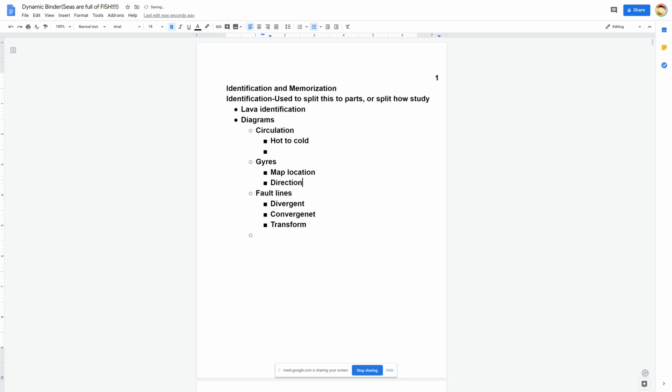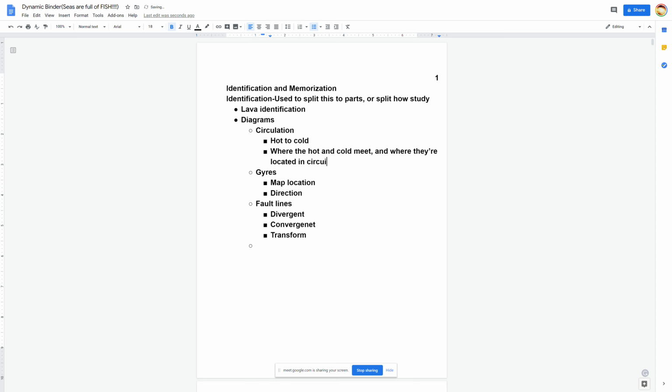Hot to cold. But for circulation, you also just want to know where the hot and cold meet, and where they are located in the circulation.